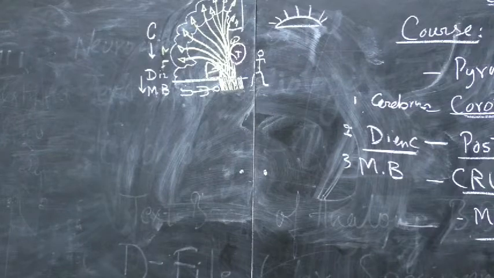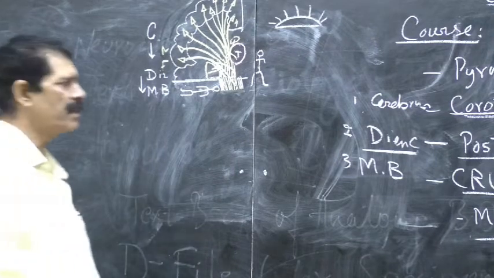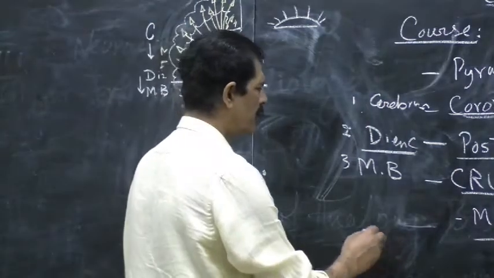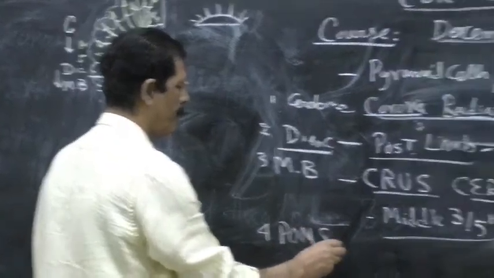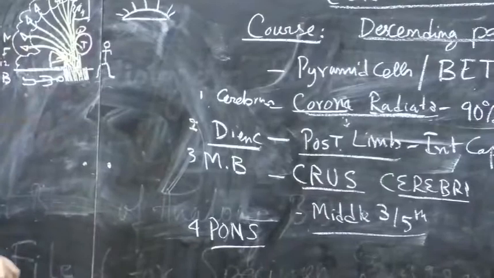Now in the further course of the journey of these descending fibers, they reach the next part, that is the pons. In the pons, what happens?